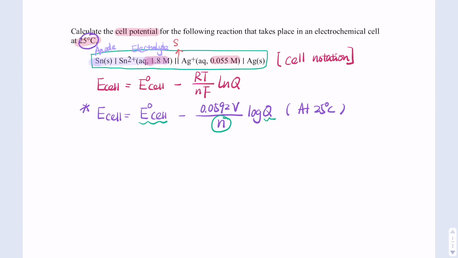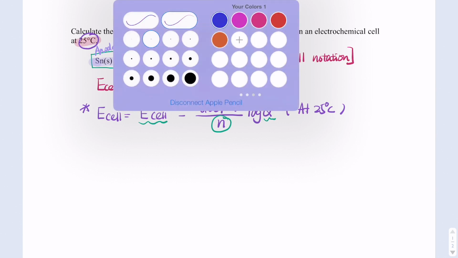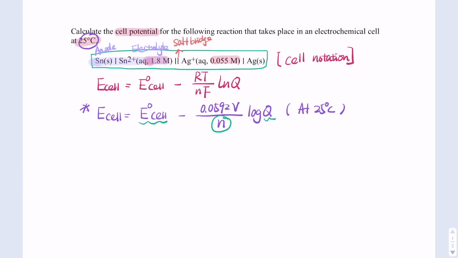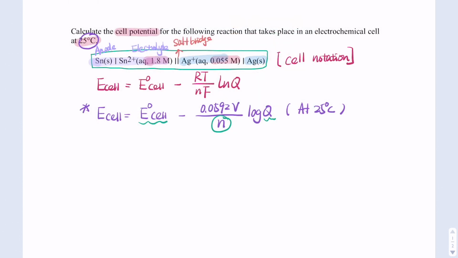This is your salt bridge. Then you have the electrolyte again, and then you have your cathode. So that's the cell notation.